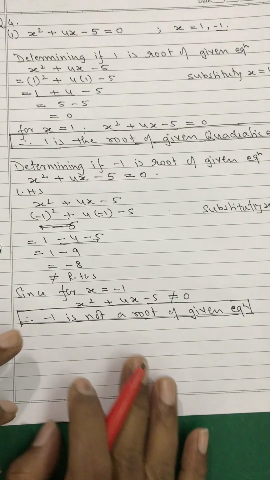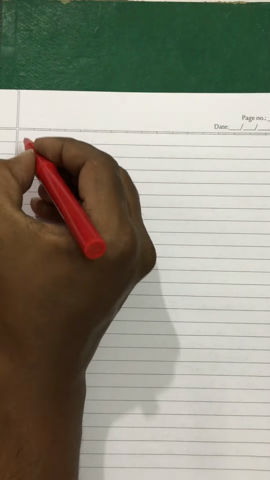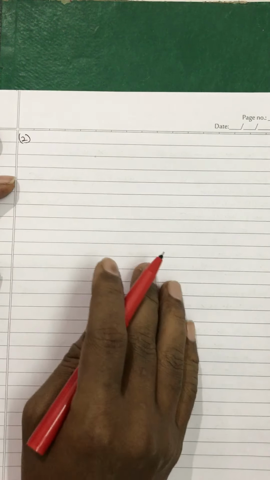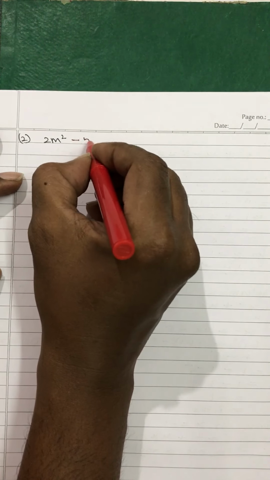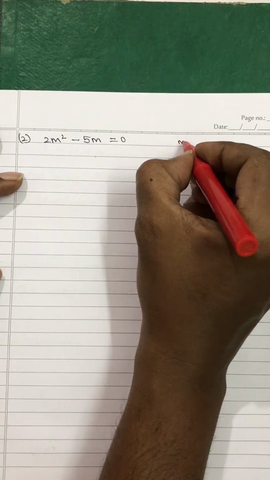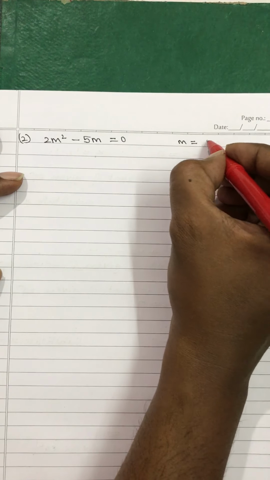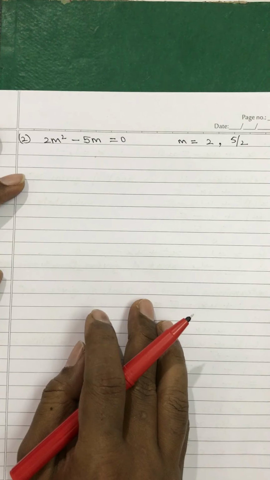Fine. This is how we will be proceeding. Now we have to go to the next question. Question number 2. Here they have given us 2m square minus 5m is equal to 0 and the values of m are 2 and 5 upon 2. Fine.